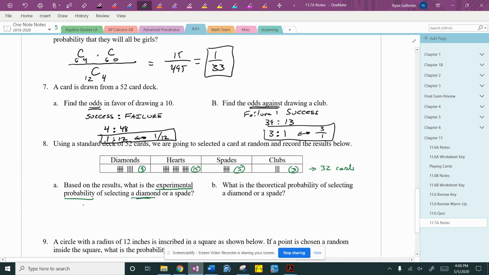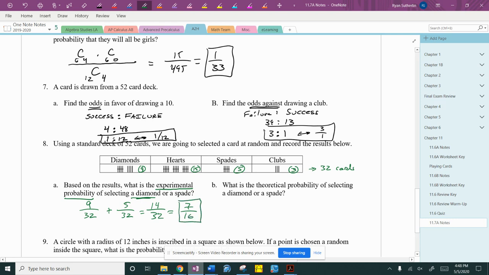So the probability it was a diamond, well, that was 9 out of 32, plus the probability, because remember, or in probability means we're going to add, the probability that it was a spade, was 5 out of 32. So that comes to 14 out of 32, which is 7/16.